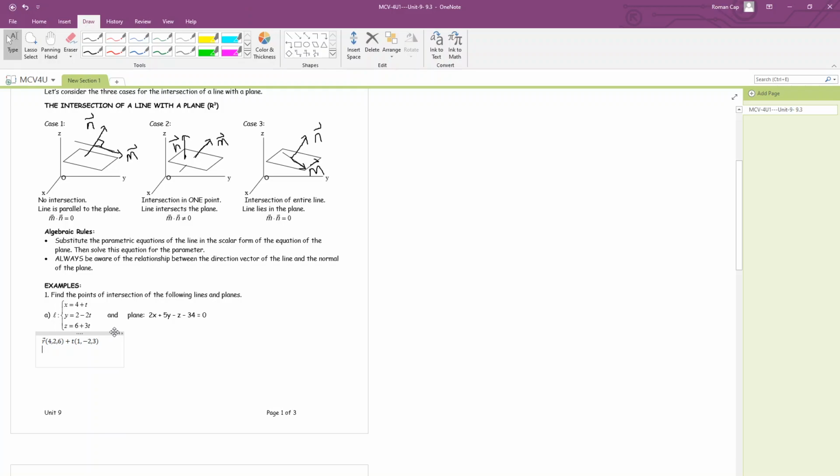So the first vector is m, and that's from this vector here, 1, negative 2, 3. And then we can also get the second vector n from the plane. So there's the coefficients here, 2, 5, and negative 1. So that's where we're going to get that vector from.